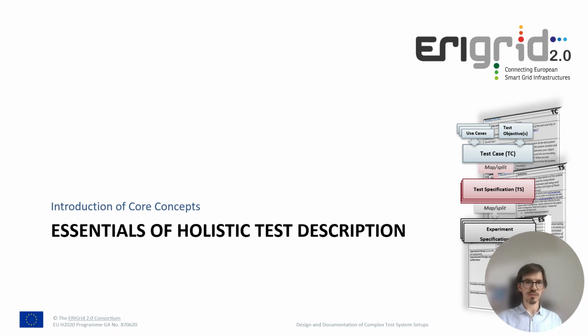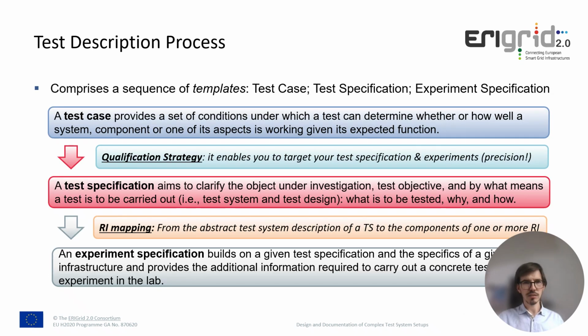Let's look into the essentials. What does holistic test description mean? How do we approach it? The core concept is that the test description process comprises a set of templates called test case, test specification, and experiment specification, each offering a different layer into the testing, offering more details on a specific test.